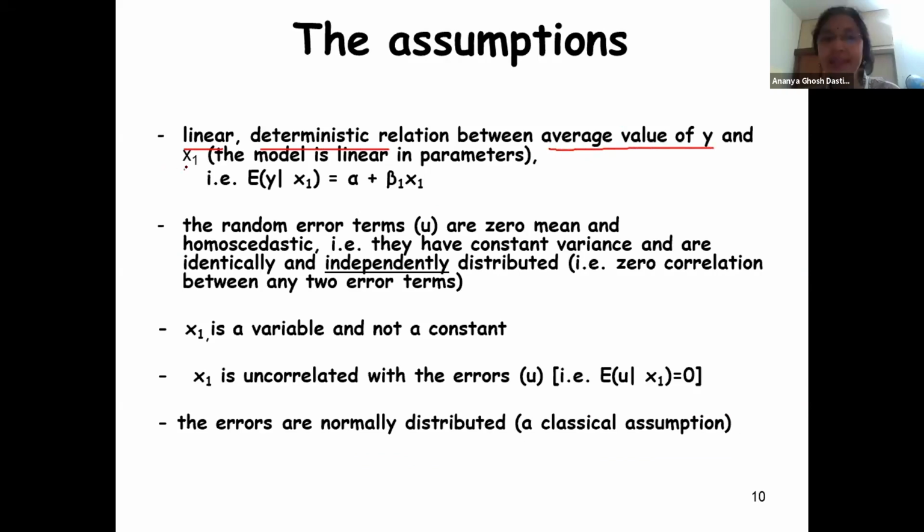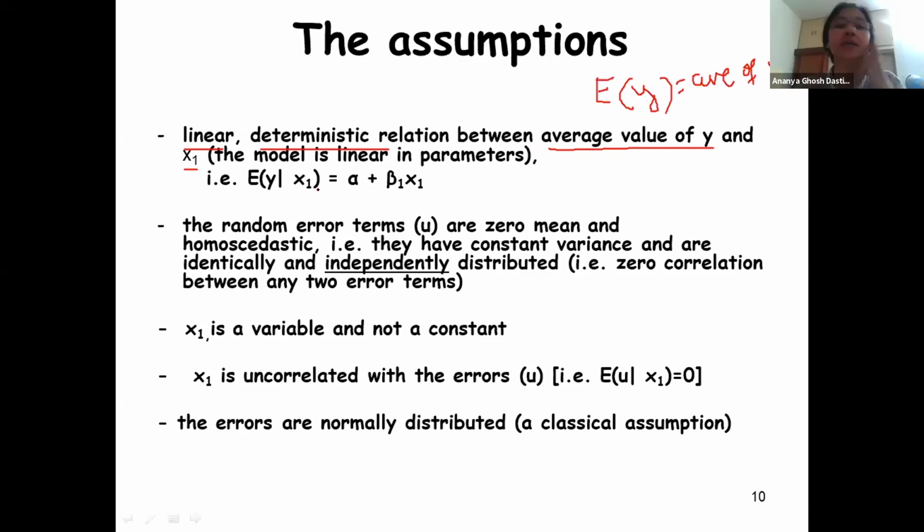and x1. Now, y, I told you, is a random variable. So when I talk about its average value, I will talk about its expected value. The expected value of y is nothing but the average value of y, because y is a random variable.